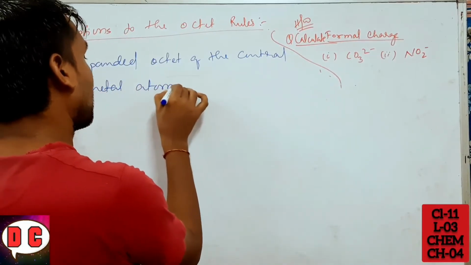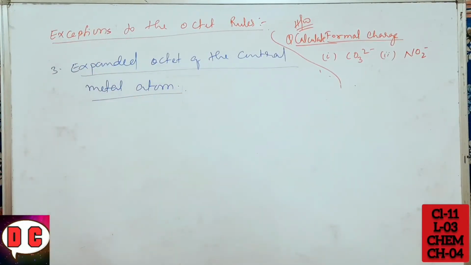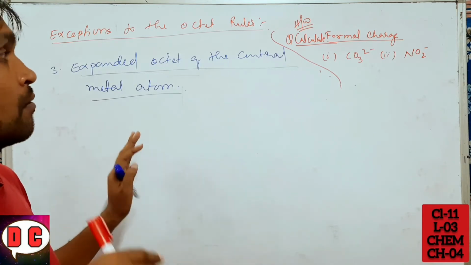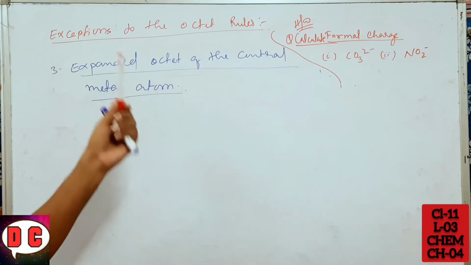What does it mean? It means that in some cases you will see that the octet of the central atom is more than 8, more than what the Lewis octet rule says.